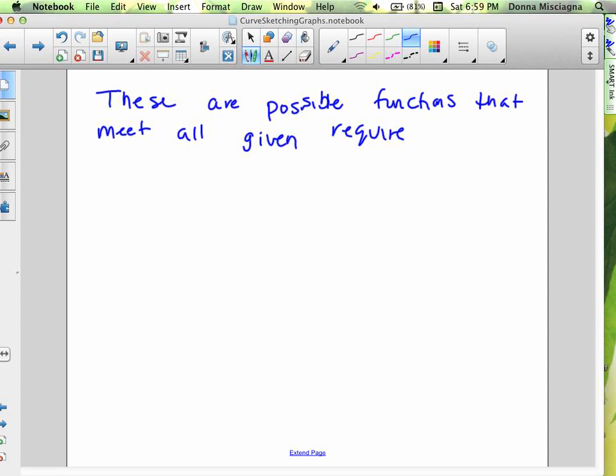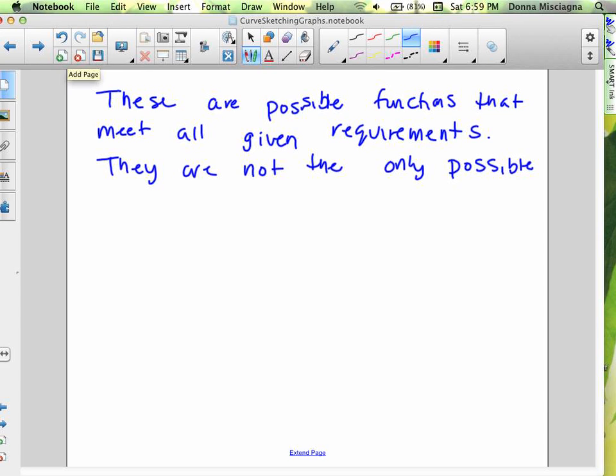It'd be nice if my writing would show up at the same time I actually did the writing. They are not the only possible functions. All right? There are lots of things we don't know.